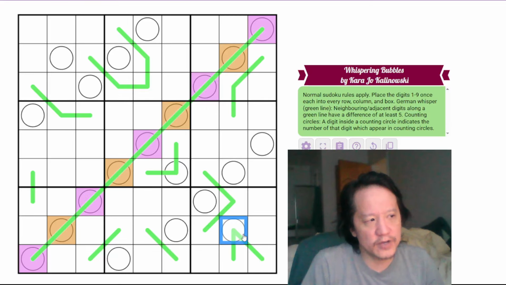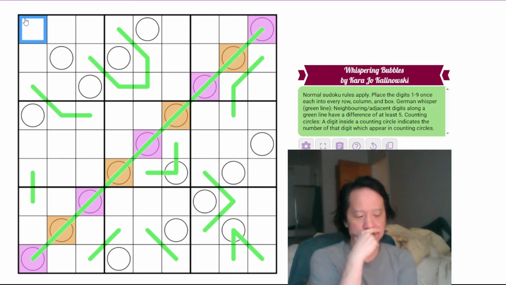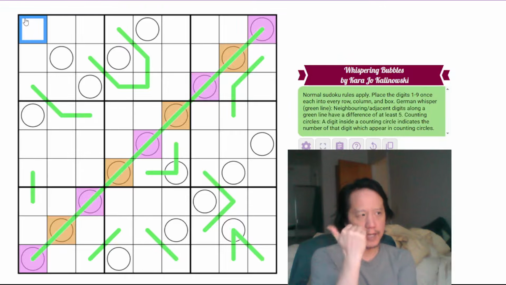So you have 7, 8, which is next to 1, 2, or 3 on the lows. You have 7 and 9, which is next to 1 and 4, or 2 and 3. 8 and 9 has to be next to 1 and 3 specifically.